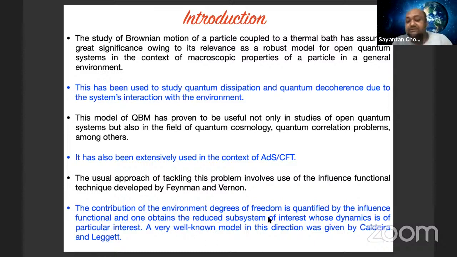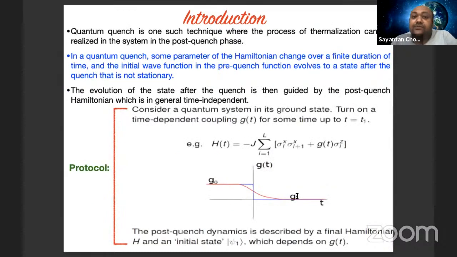And one obtains the reduced subsystem information of interest, whose dynamics is very important in the present context. And later, this idea was generalized by Caldeira and Leggett in their later works.